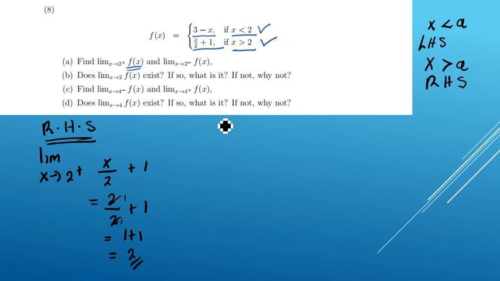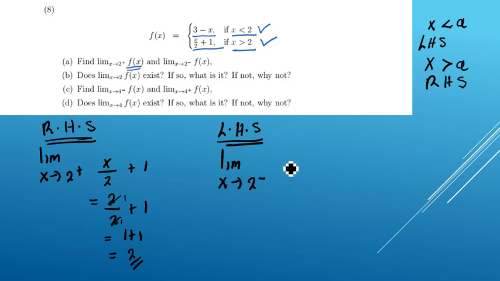Then we can now try to approach this function from the left hand side. So we take the limit as x approaches 2 from the left hand side. You'll find something like a negative sign here, which simply means left hand side.